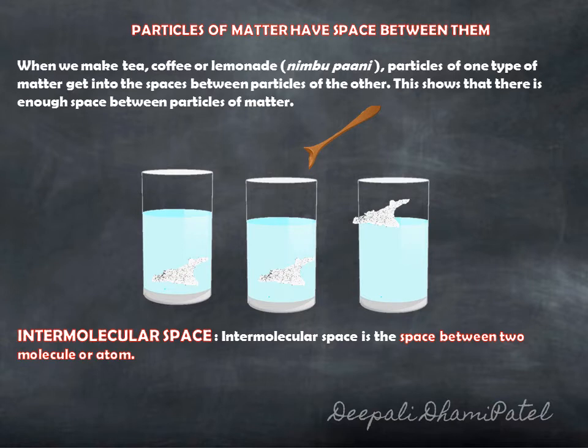This is possible only when there is enough space between the particles of water to allow the particles of salt or sugar and lemon juice to mix with it. This space is called intermolecular space.